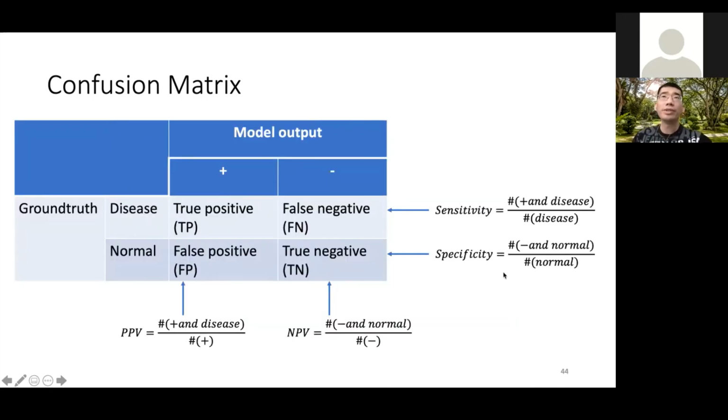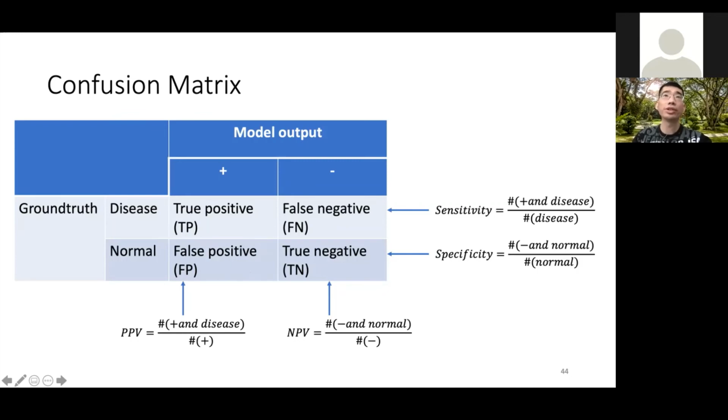So we have seen the formulas for the computation of each of these metrics in terms of counts, and note that they directly correspond to cells in the confusion matrix. For instance, for PPV, we deal with the count here of the top left cell divided by, in the denominator, this column over here.